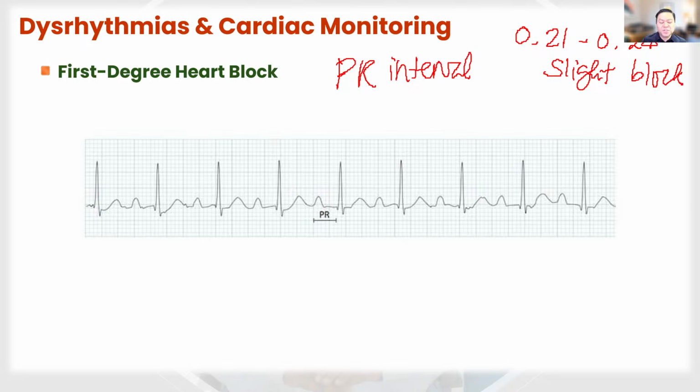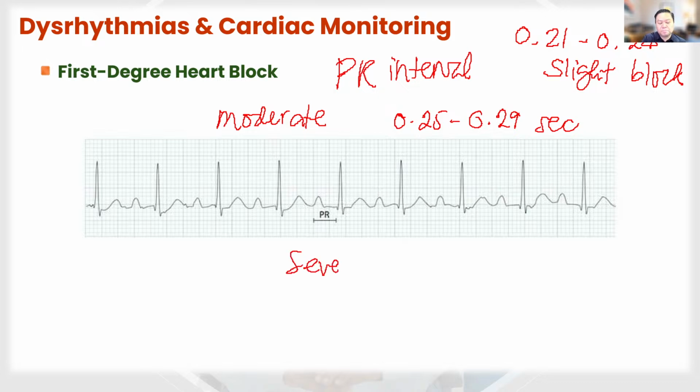Now, if the patient's PR interval is prolonged, let's say 0.25 to 0.29, this is already considered a moderate block. And we're still talking about the first degree heart block, guys. Now, if the patient's PR interval is much more prolonged, let's say greater than 0.30 seconds, then that is already considered a severe heart block.